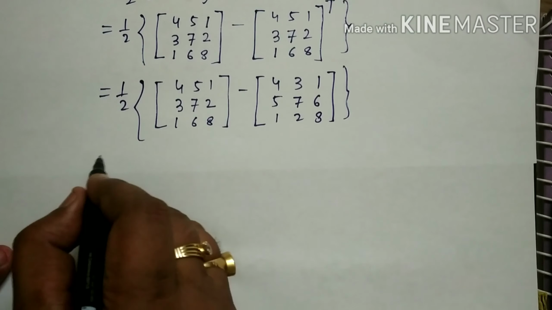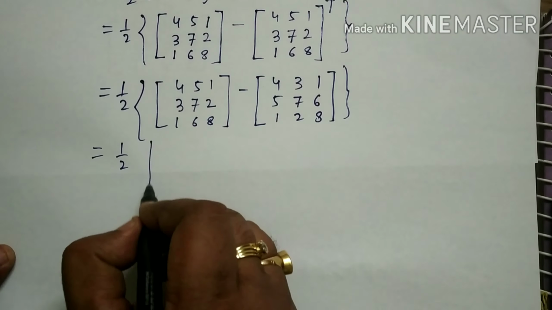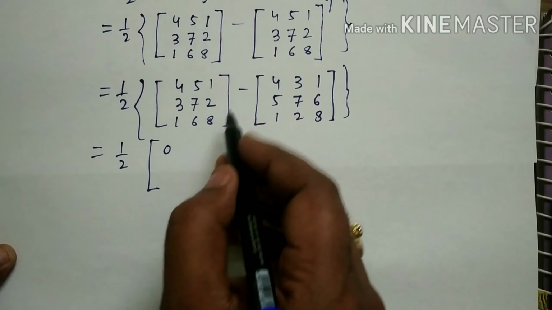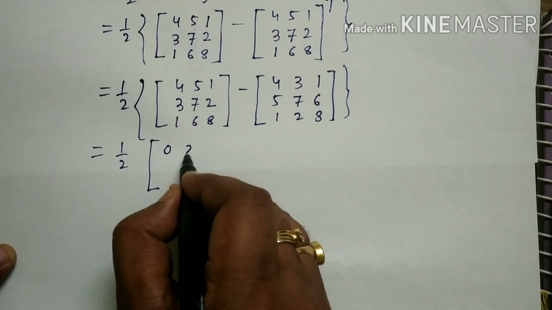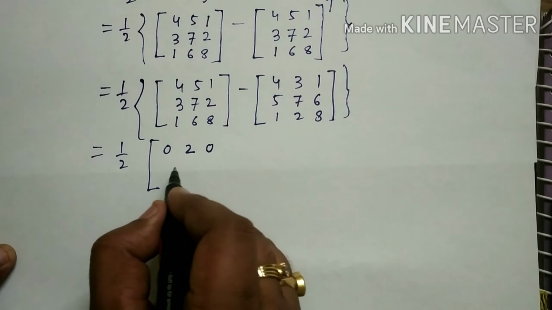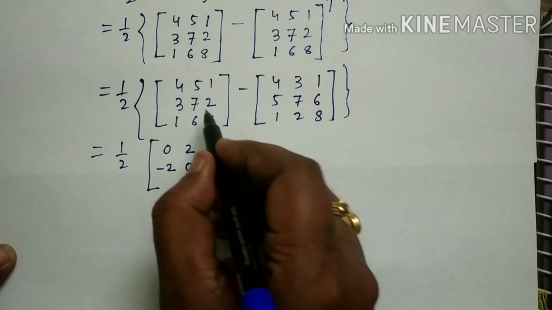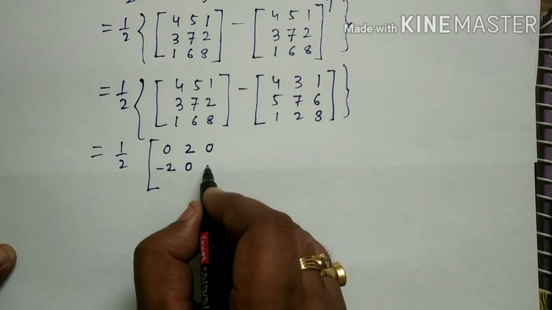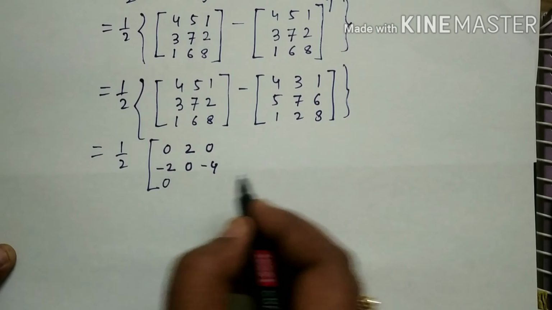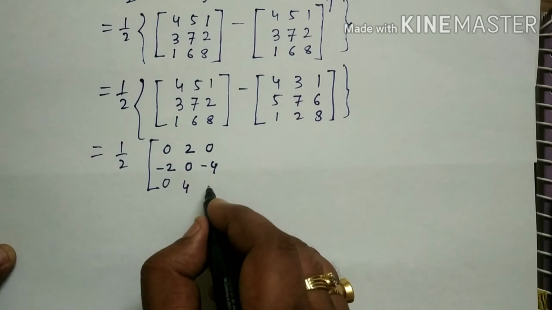Okay, is equal to half subtraction, that is 4 minus 4 is 0, 5 minus 3 is 2, 1 minus 1 is 0, 3 minus 5 is minus 2, 7 minus 7 is 0, 2 minus 6 is minus 4, 1 minus 1 is 0, 6 minus 2 is 4, 8 minus 8 is 0.